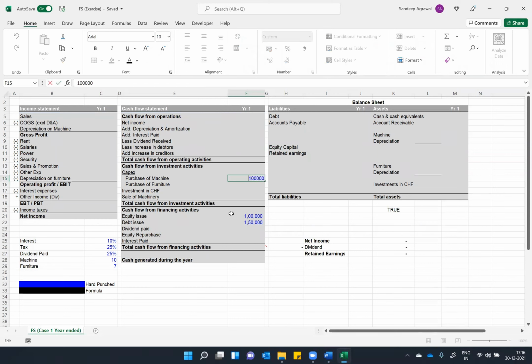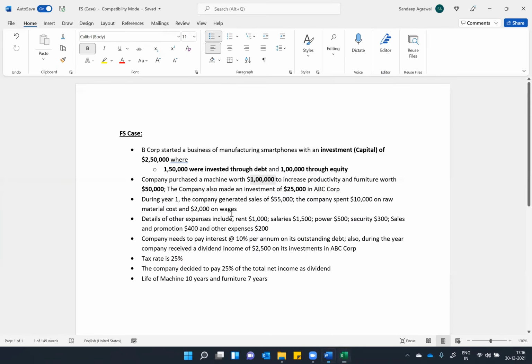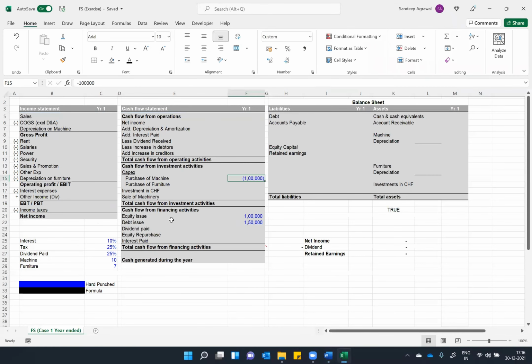But let me tell you, this is going to be an outflow because you are paying this money to get the machine. It should be a negative number. The second one is 50,000 of furniture purchased. So here we will put 50,000 as a negative number because it is an outflow. We have received furniture and we have made an outflow of 50,000.